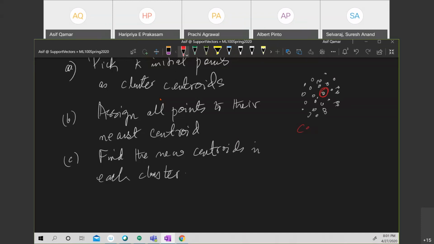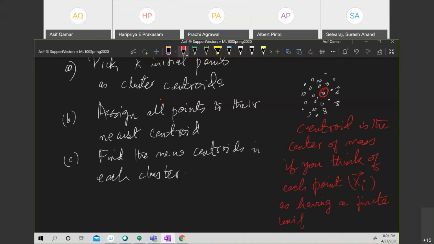Let me write it down. Centroid is the center of mass, if you think of each point xi as having a finite uniform mass. So that's the meaning of this centroid.